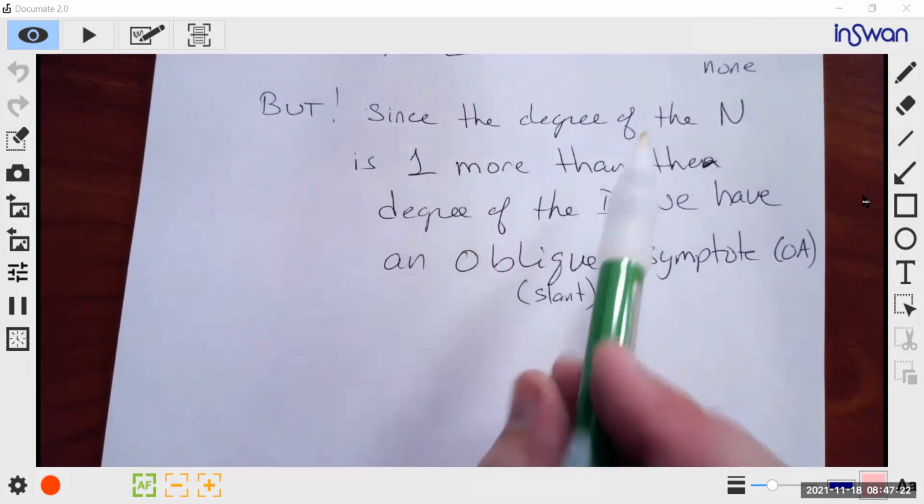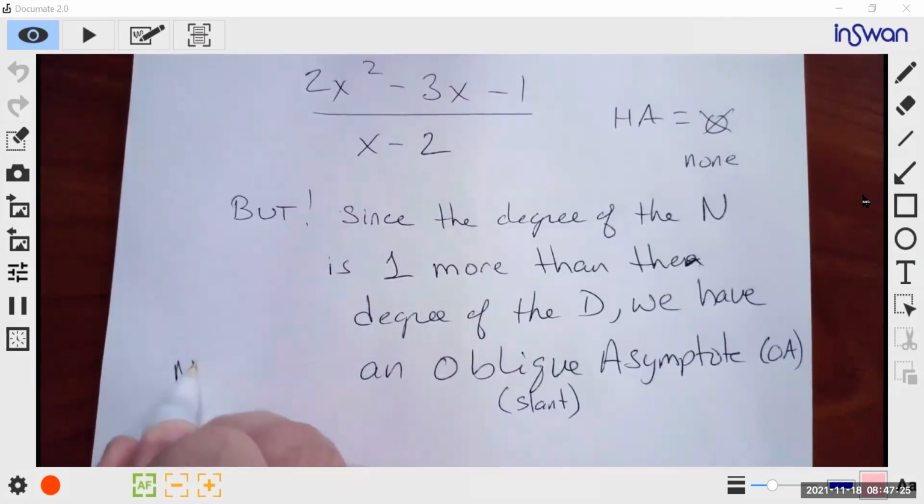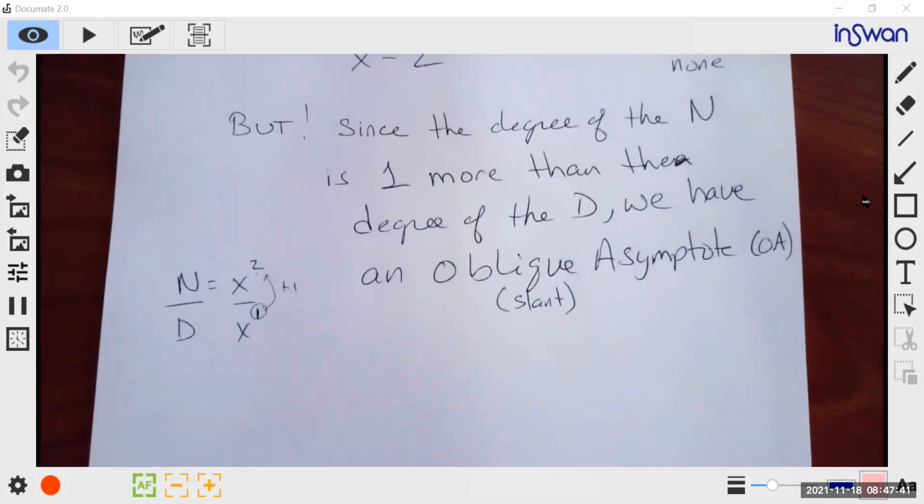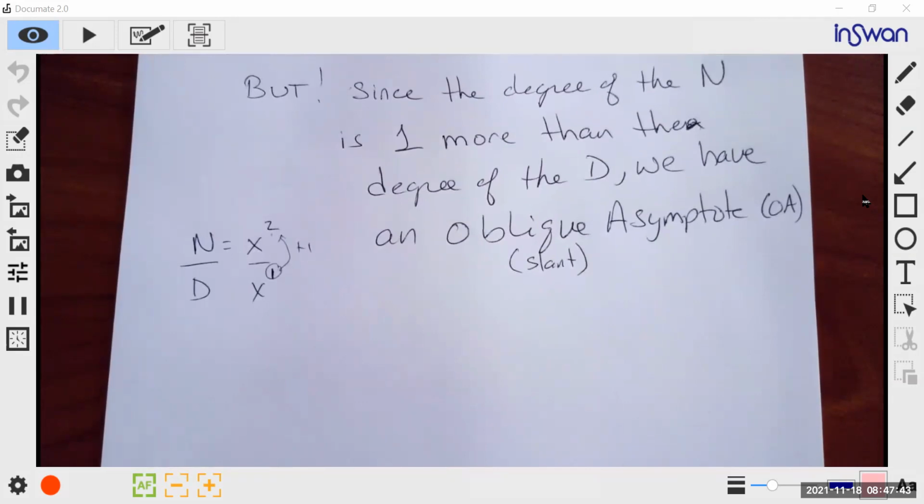Since the numerator is x squared and the denominator is x, since that is plus 1, then I can have an oblique asymptote.